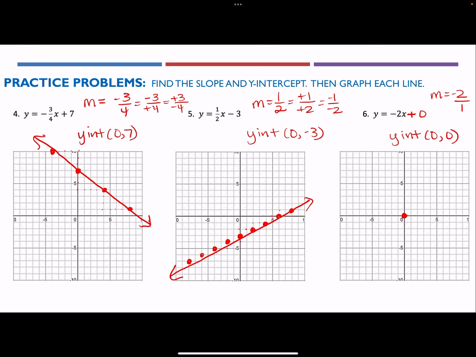-2 is -2 over 1, right? So I'll rewrite this, -2 over 1. It could be a -2 over a +1, or it could be a +2 over a -1. So -2 goes down, +1 goes to the right. Oh goodness, I'm sorry, that's incorrect.